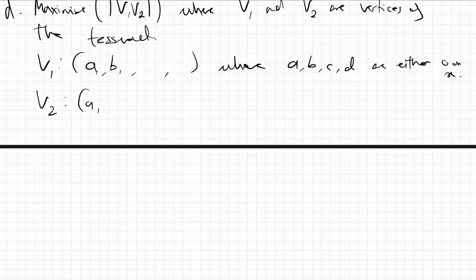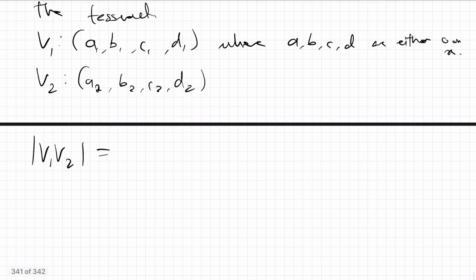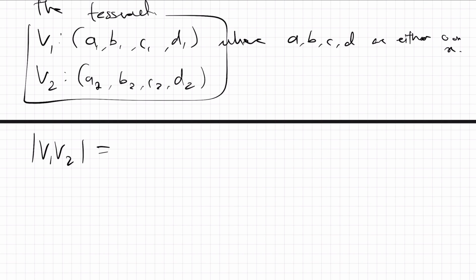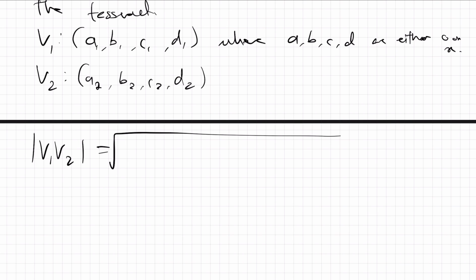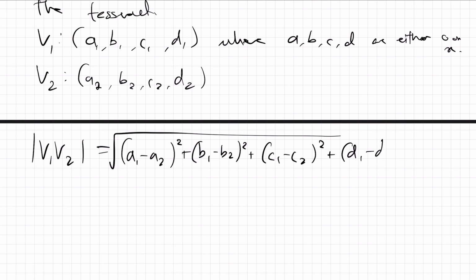Okay, so this is A1, B1, C1, and D1, and this would be A2, B2, C2, and D2. And so the distance between V1 and V2 would be given using Euclidean distance or Pythagoras in high dimensions. We just use this formula, the square root of (A1 minus A2) squared plus (B1 minus B2) squared plus (C1 minus C2) squared plus (D1 minus D2) squared. And obviously, if this was higher dimension, you just add more, but it's the same sort of thing.